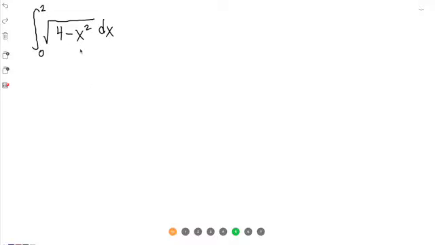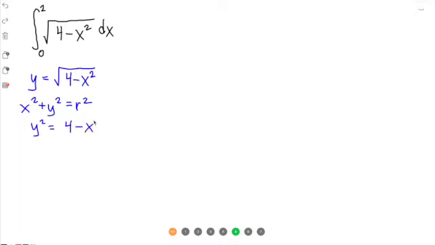So notice that this function, you can write it like y is equal to the square root of 4 minus x squared. And recall that the equation of a circle is x squared plus y squared is equal to r squared. So this gives us the equation of a circle. If we square both sides here, you get y squared equals 4 minus x squared.